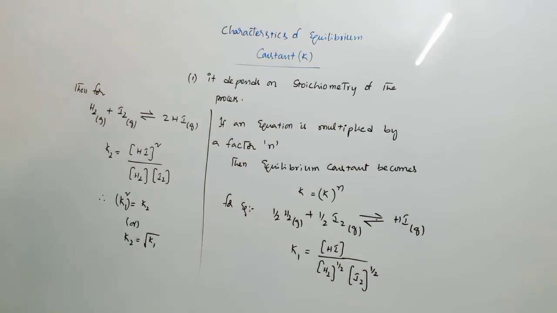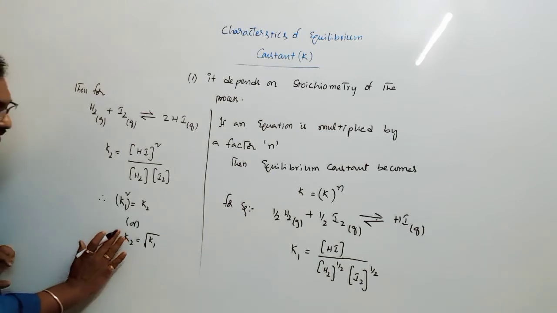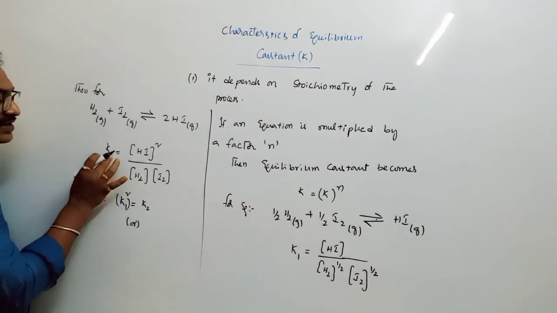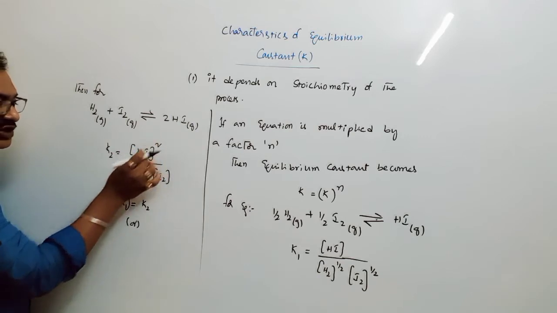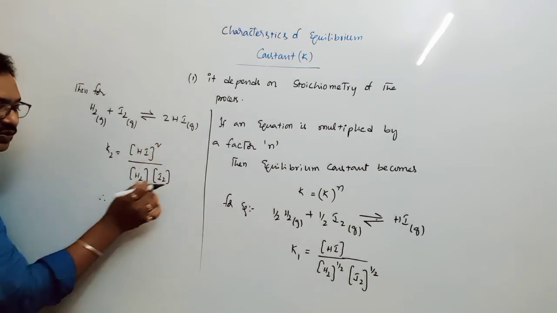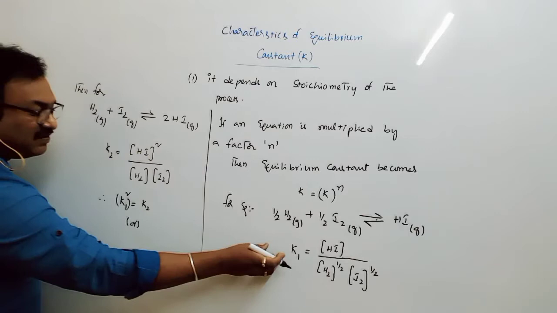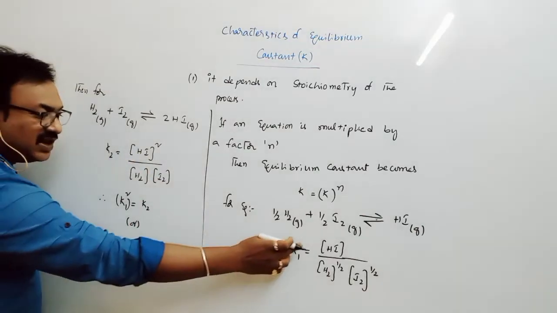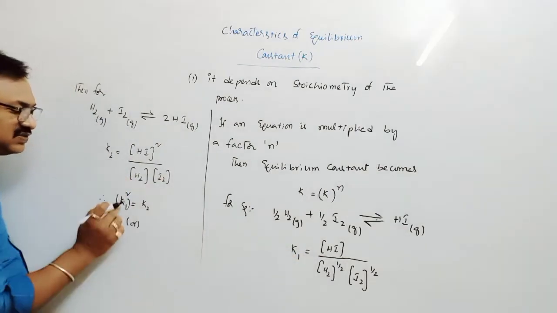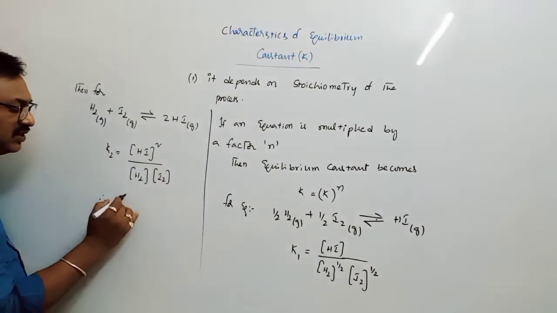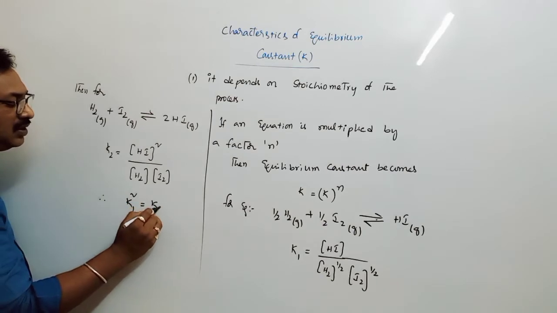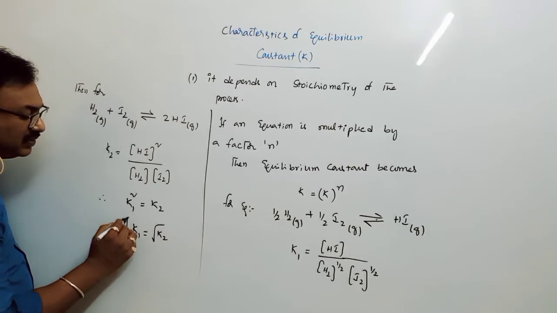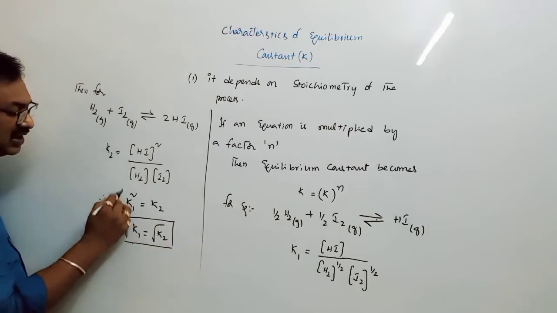Right. So again, check: K2 is equal to concentration of HI whole square by concentration of H2 into I2. So this is K1 and this is K2. By making K1 square, you are getting this one. So K1 square is equal to K2, so K1 is equal to root K2.